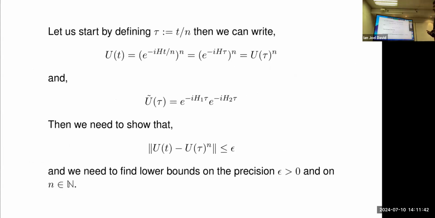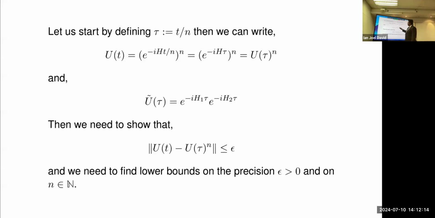So let's start our analysis by trying to show that we have this approximation. Let's start by defining tau as being t over n. This is going to make our analysis a bit easier, so we don't have to keep writing t over n all over the place. And then, of course, we observe that if we start with the time evolution operator U of t, we can write e to the minus iHt as e to the minus iHt over n, all raised to the power n.